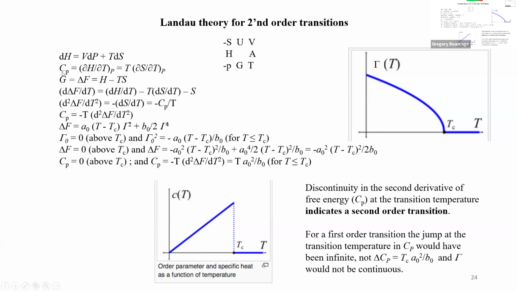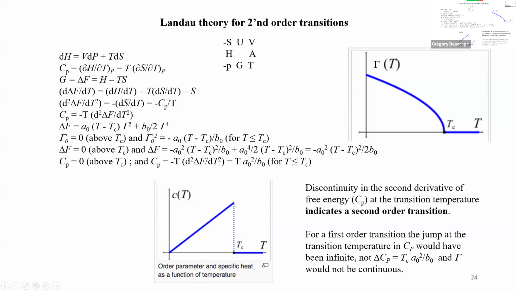If you have a heat capacity with a discrete jump, then that's a second order transition. You're going to have a different value of heat capacity above and below. So you can define that this ends up being a second order transition by calculating the heat capacity.